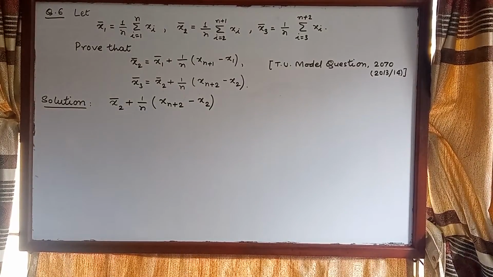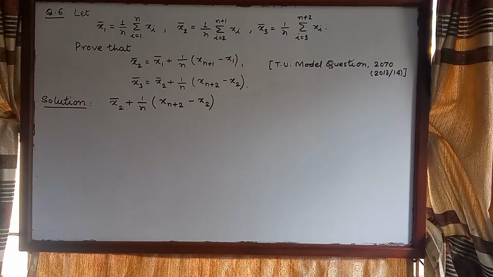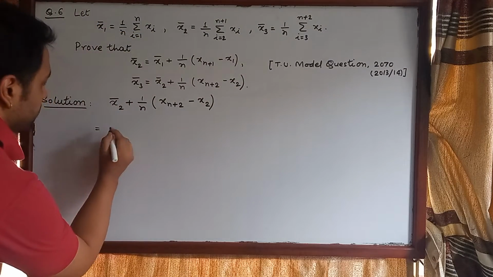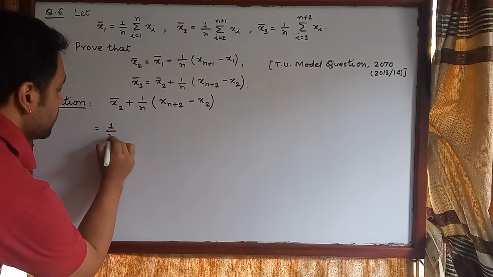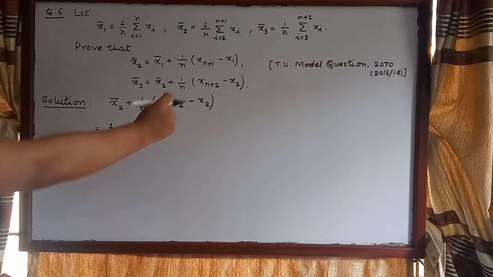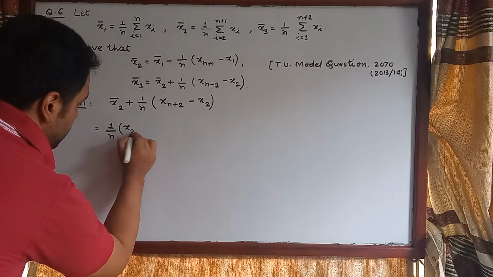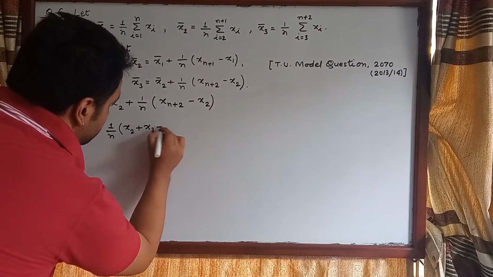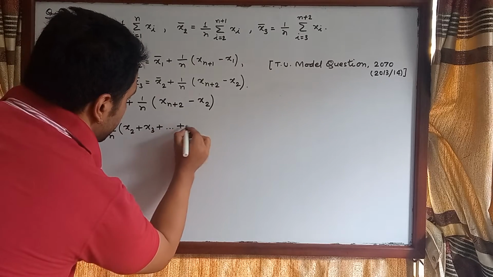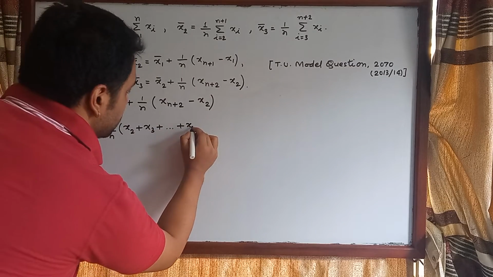Alright, this identity now, just plug in the value of x2. What are we going to get? 1 by n, the sum of the observations from x2 to xn plus 1, x2 plus x3 plus ... xn plus 1.